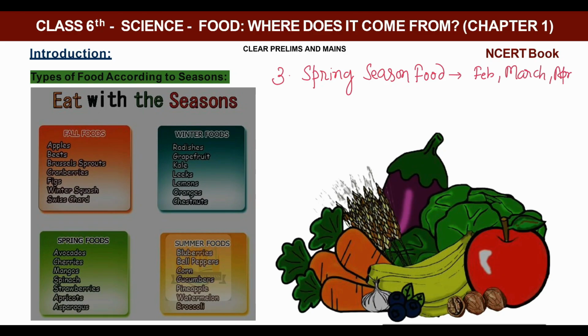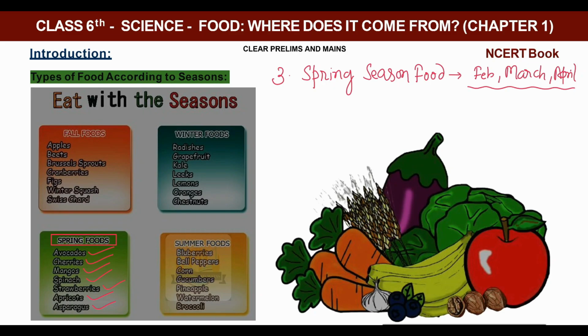In the spring season we have avocados, cherries, mangoes. From the month of April, we started getting mangoes. In southern India, we started getting spinach, strawberries, apricots, asparagus. These are the spring foods we are getting during these months.